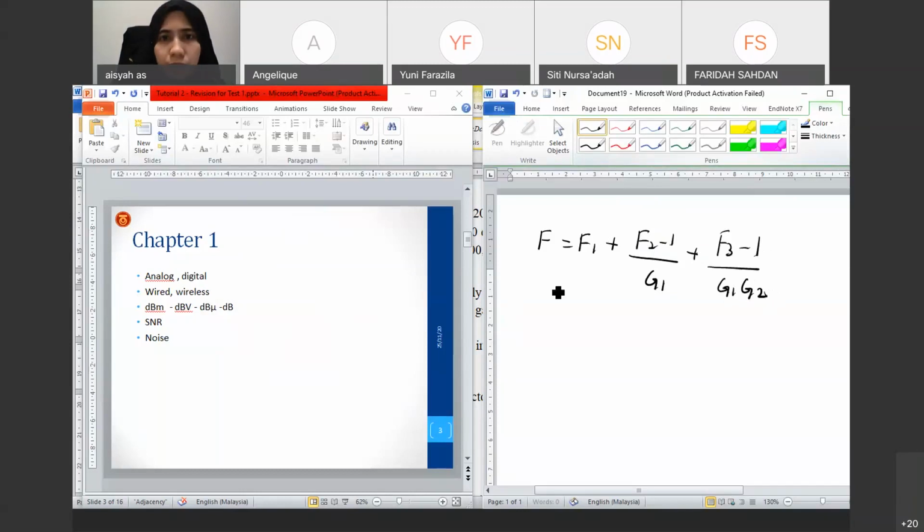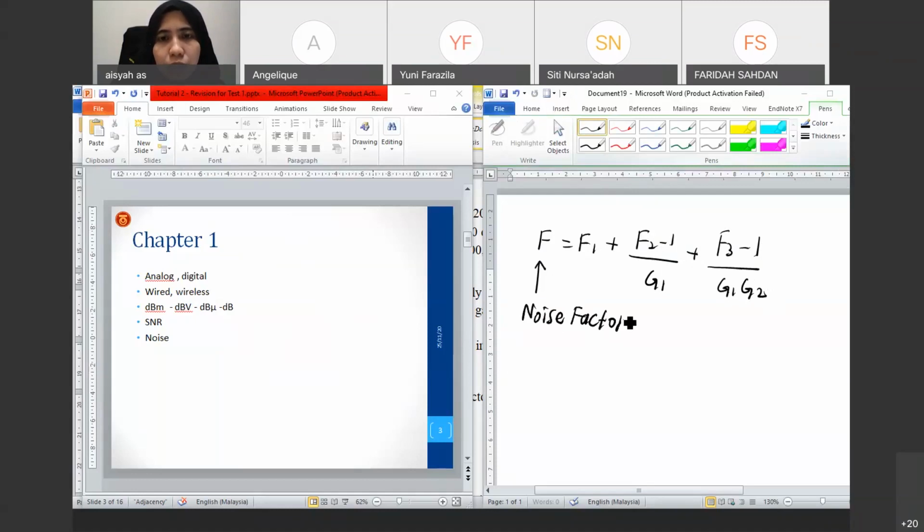So this F, what is it the formula for? Noise figure or noise factor? No, noise factor. This is for the noise factor.